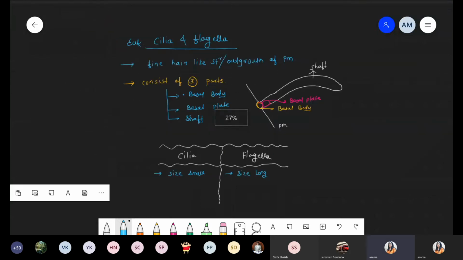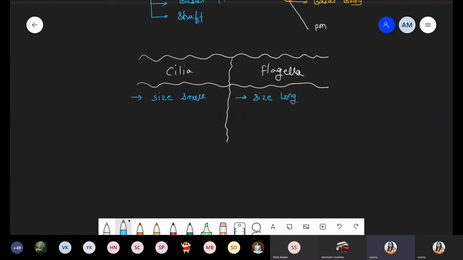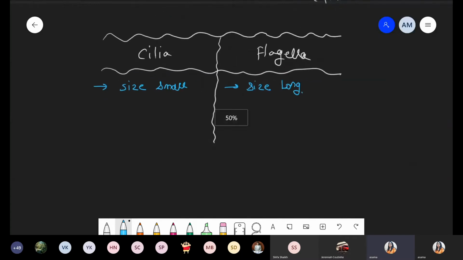I just told you that the diagram is not too important. That is for your understanding purpose. No need to draw, because the book also has no diagram. So don't worry. We will see that structure later. So cilia, small in size, flagella, long in size.